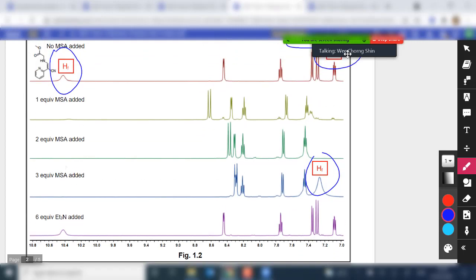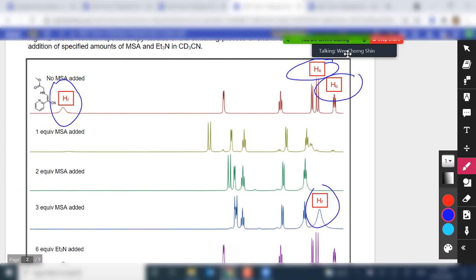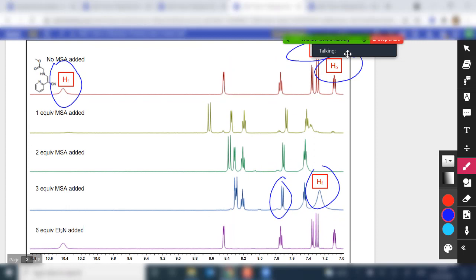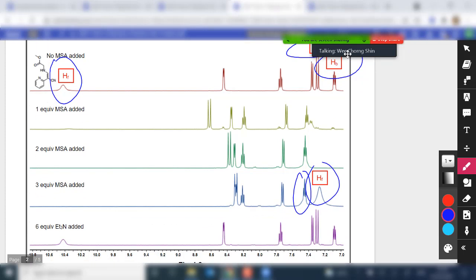Let me see, 8.3, 7.45 is here. No, sorry, the other one. Here. And 8.3 here. So you realize that actually the shape looks a bit weird.